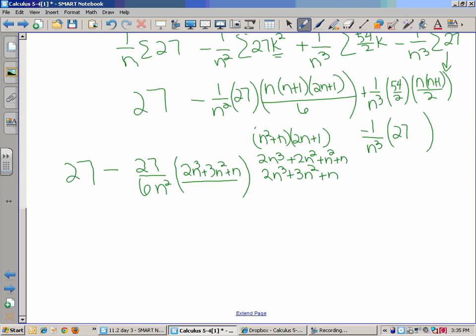And then the next term is going to be plus 1 over n cubed times 54 over 4 times n squared plus n. And then the last term is minus 27 over n cubed.